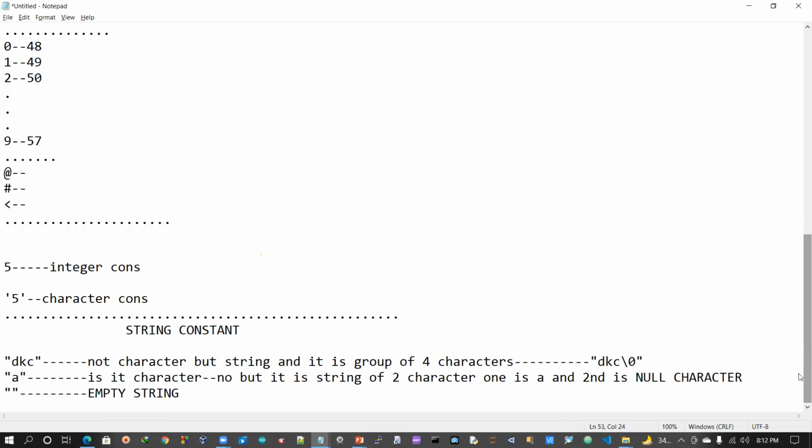Because it is having only the null character. Roughly you can't say one character, but in this example you can say one character. The null character is placed by the compiler. This is the empty string. Okay. Understand the points?